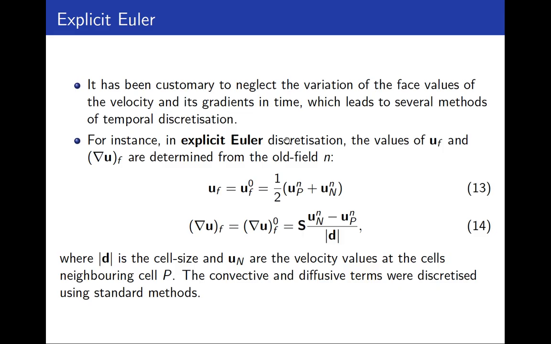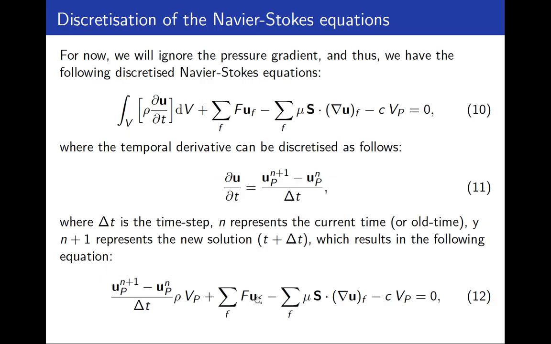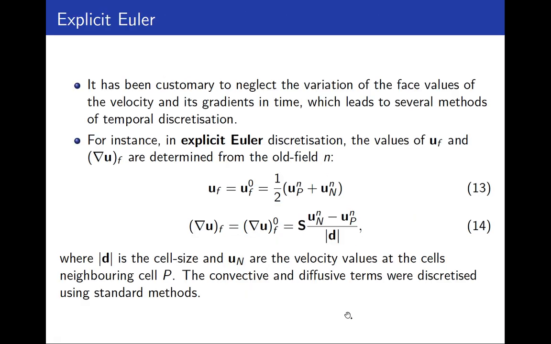It has been customary to neglect the variation of the face values of the velocity and its gradients in time, which has led to the development of different methods of temporal discretization. The most common, or the simplest one, is explicit Euler discretization, where the values of the velocity and its gradient at the faces of the cell are determined from the old time field. So that means that UF and its gradient will be evaluated as follows.